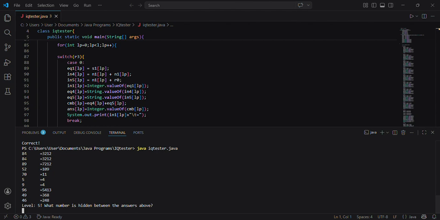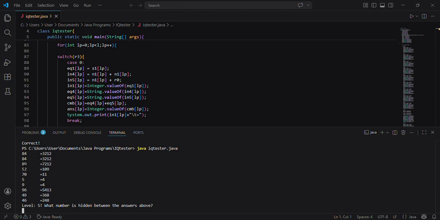So 8 multiplied by 4 equals 32. Here 84, we multiply 8 by 4, which is equal to 32, and then we sum them, 8 plus 4 is 12.